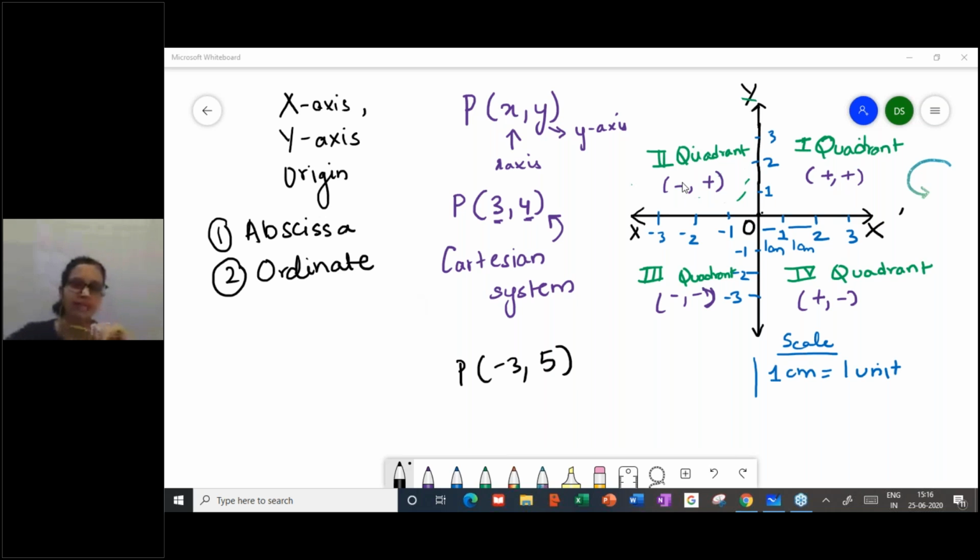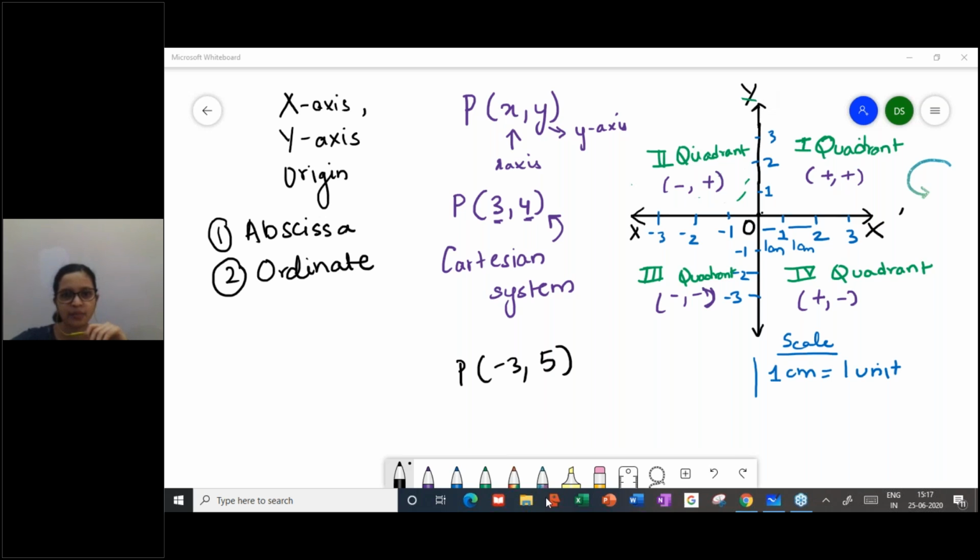What is the Cartesian system? Okay, Puneet, how should I explain the Cartesian system? Basically, it is the system in which the x and y coordinates, the two axes, the origin, and this xy plane, which is known as the Cartesian plane.